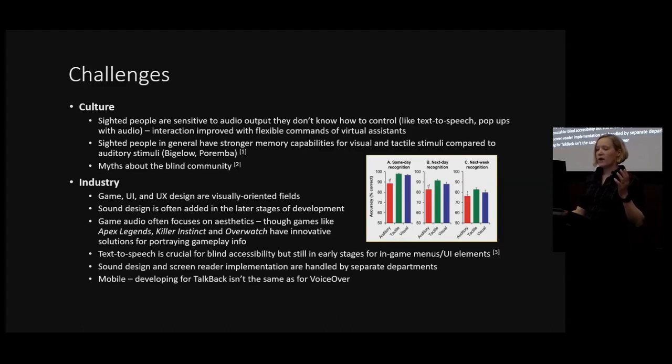And we also have a lot of myths about the blind community. Like I said, there's that inability to relate and treat it like it's the worst thing that could ever happen to go blind, having that kind of fear and paranoid perspective on it. You also have the American Foundation for the Blind.